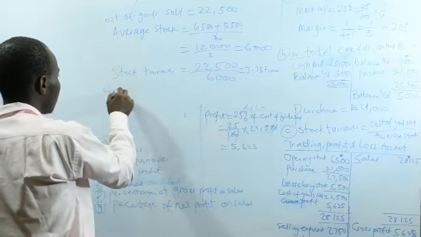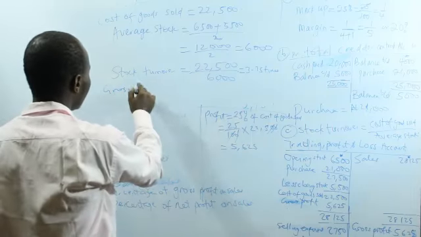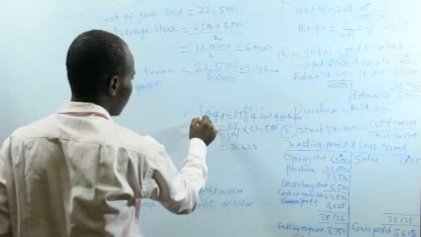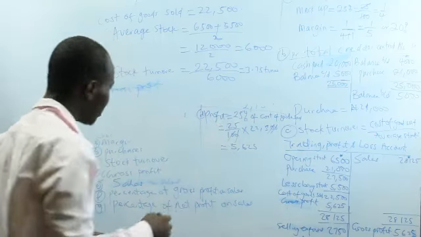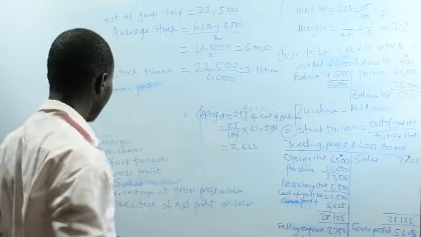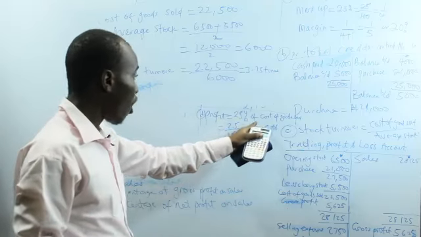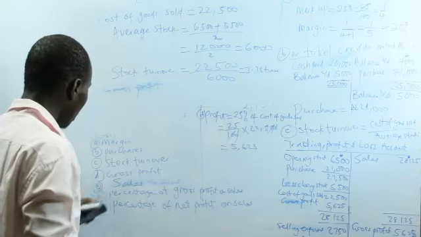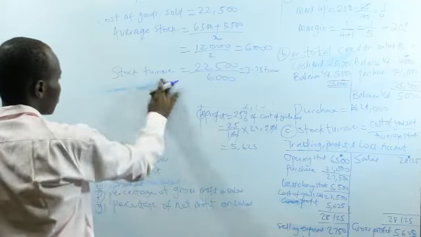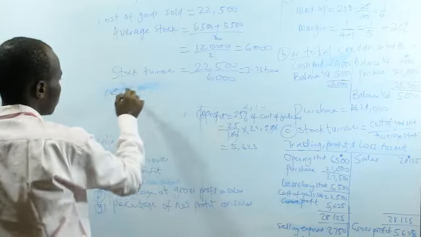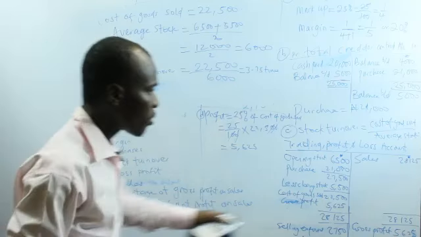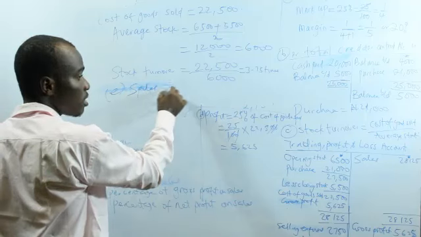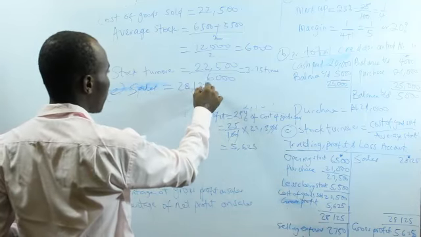So our gross profit is equal to this, which is D. E, we have to calculate the sales, and the sales is what we have here. Sales is equal to 28,125.